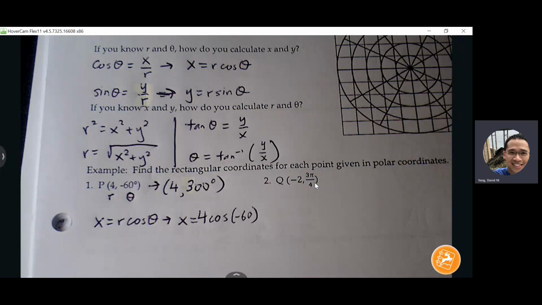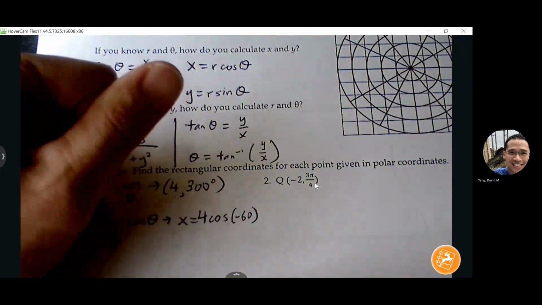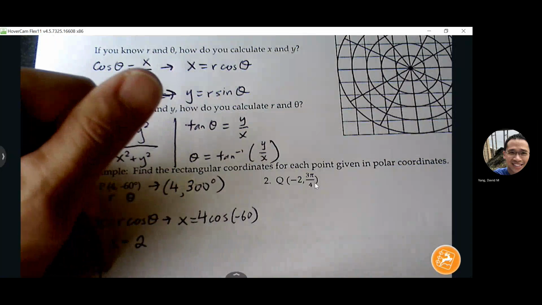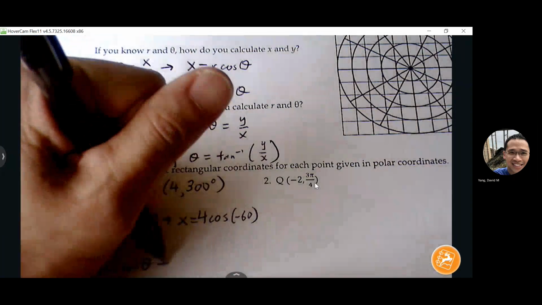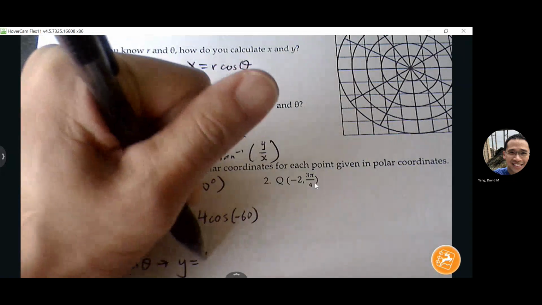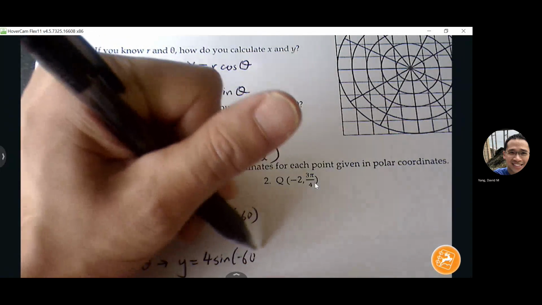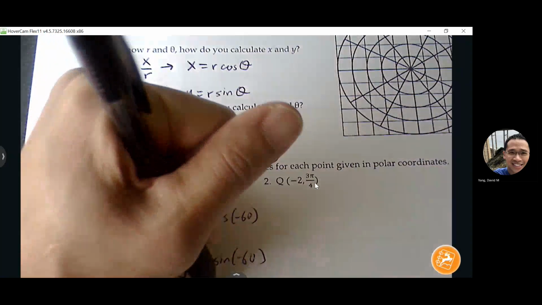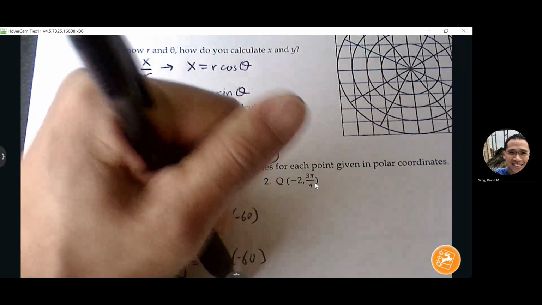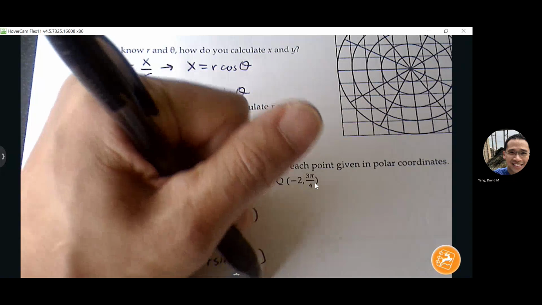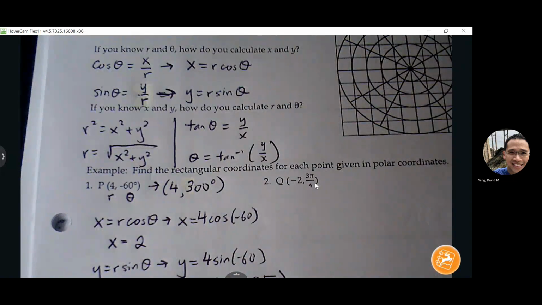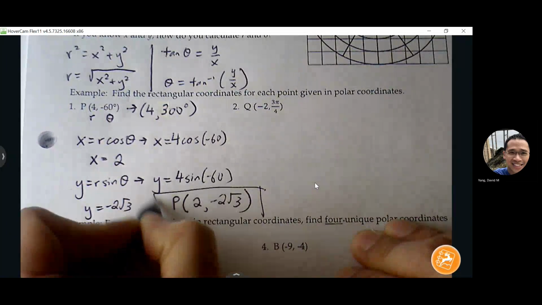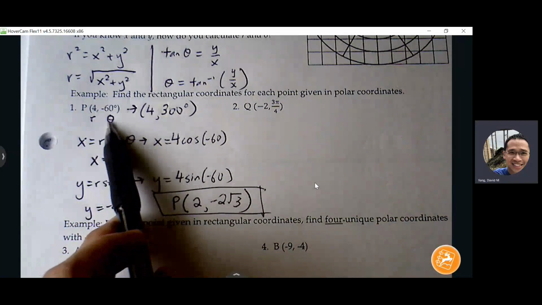Make sure you're in degree mode. So we're able to convert r theta into x and y.